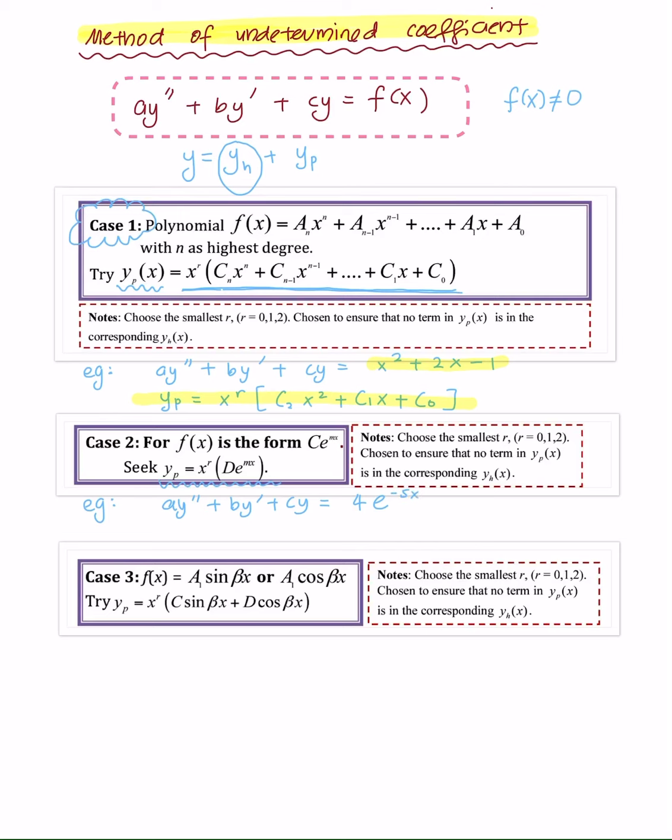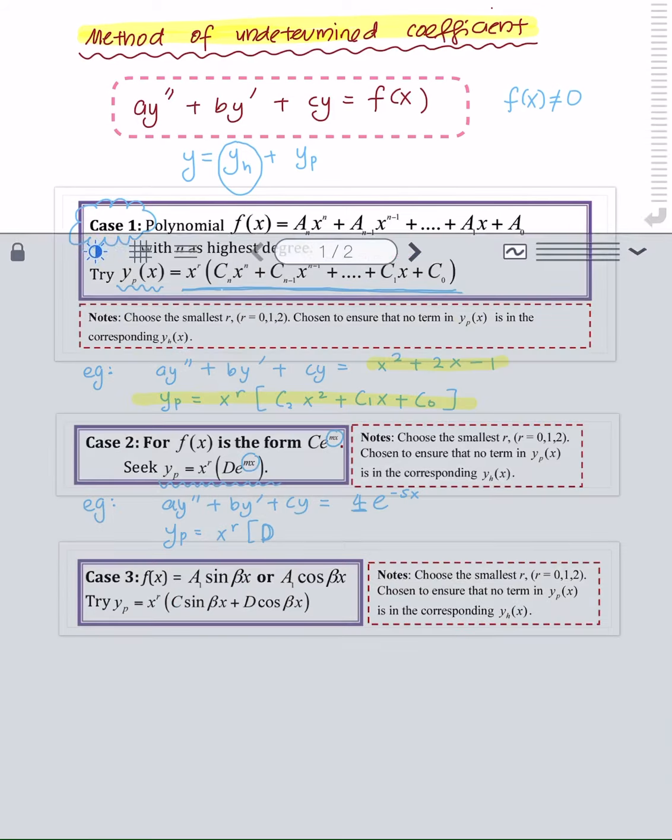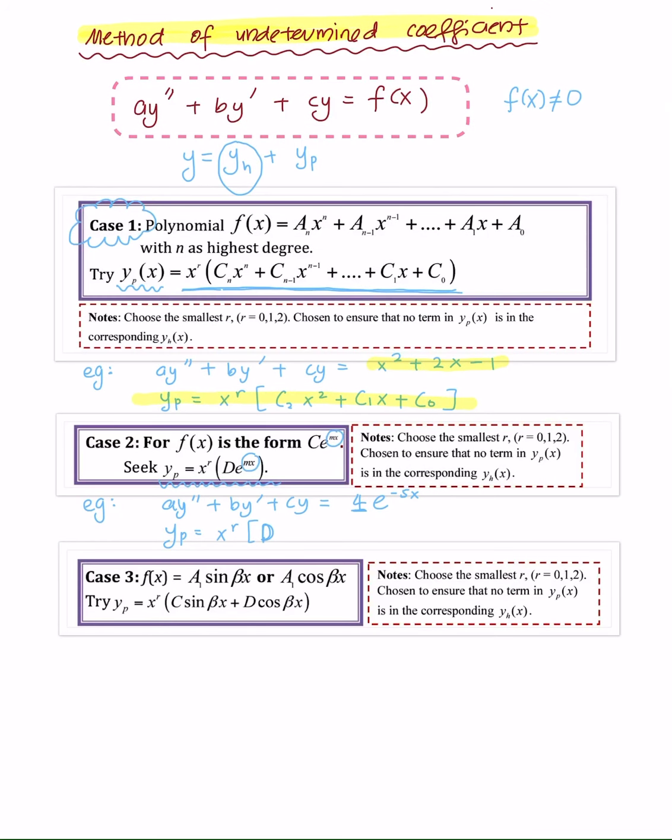From here we know what m is, therefore our yp could be x to the power of r times d e^(mx). The d remains; whatever number is here doesn't relate to yp, so we just put d, even if the value is 5, negative 4 or half. It doesn't affect d, but it affects the value of m, so here e^(-5x).